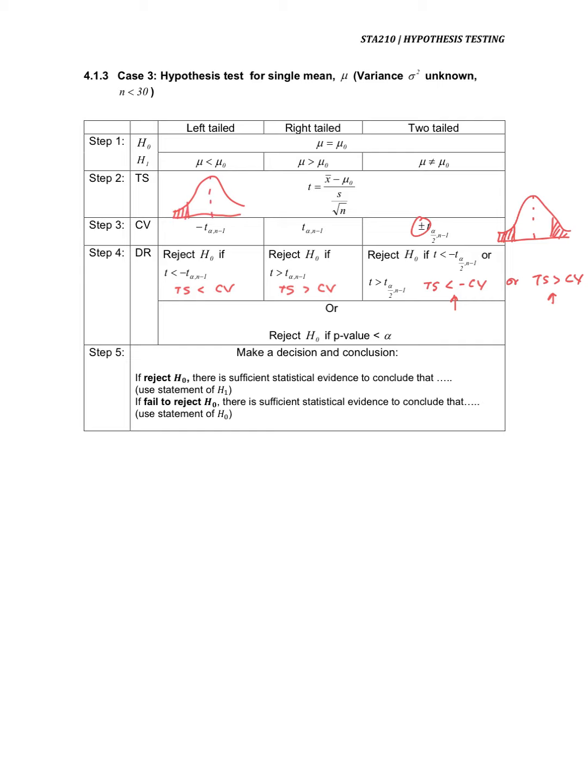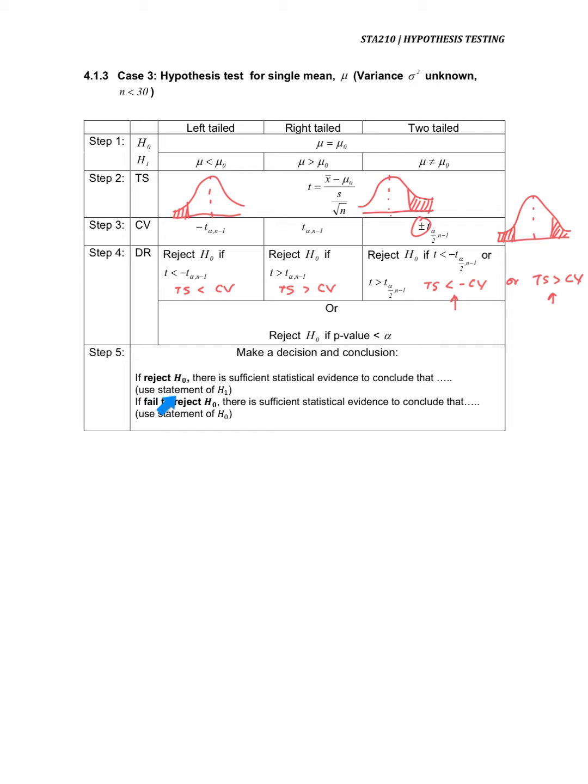Okay, untuk yang right tail dia di sebelah kanan. Then last sekali step number 5, we make a decision and conclusion. Again, if we reject H naught, we can say there is sufficient scientific evidence to conclude what? Kita ambil statement H1 lah, sebab kita tolak, kita buang H naught ni, yang kita nak terima adalah H1.